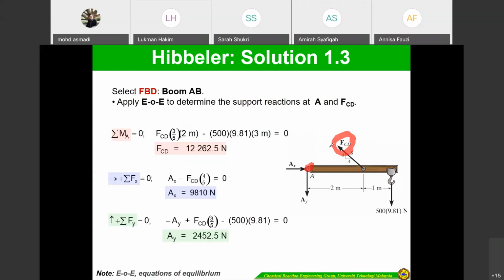Moment at A: if you put the point here, this is going to be counterclockwise. So FCD times this one, in terms of the ratio, theta.